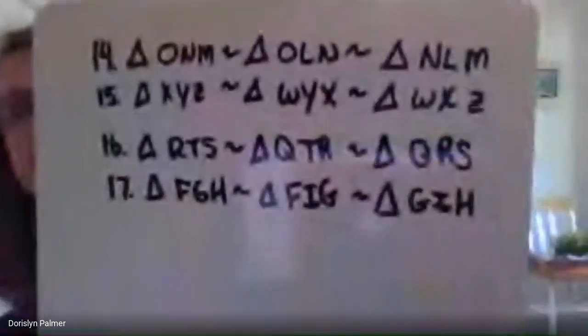FGH, FIG, GIH for the last one. Okay, so you want to have I as your right triangle. They share H, and we put G in the other spot. Okay.